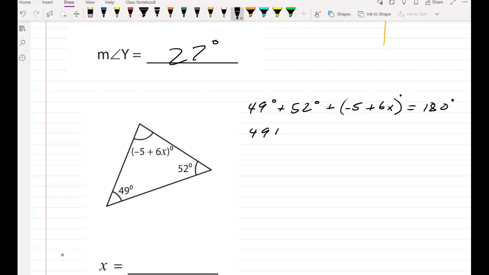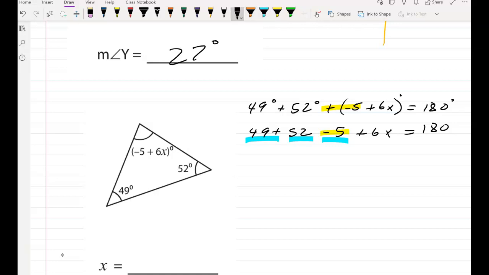This will be 49 plus 52 plus negative 5. That's the same thing as minus 5 plus 6x equals 180. Because when we add a negative, that's the same thing as subtracting. Adding a negative is the same thing as subtracting.